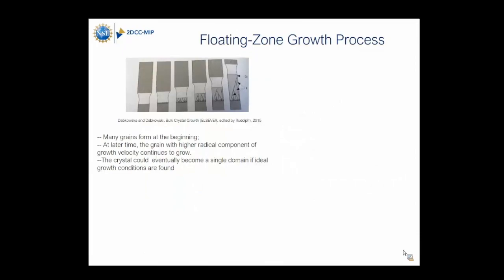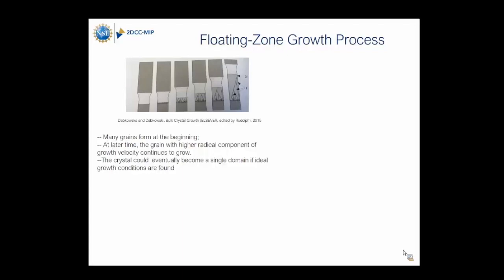So I'll tell you a little bit about the growth process. When you increase the temperature of the melting zone, you get some liquid right from the feed rod, the bottom feed rod, and then you connect it with the seed rod, right? At the beginning, no nucleation happens. As time goes on, you get some micro grains, right? And then it will continue to grow the small crystals, right?